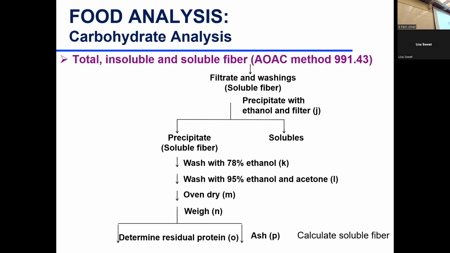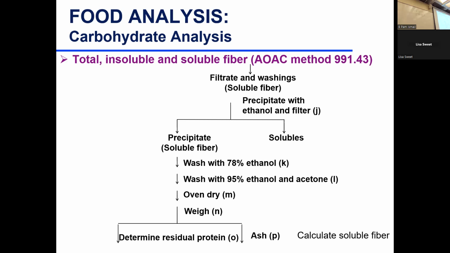So then you filter, the precipitated soluble fiber stays on the filter, you wash with alcohol, you dry, you weigh, and then you do the protein and the ash, subtract the weight of the protein and the ash, and then you get the weight of your soluble.